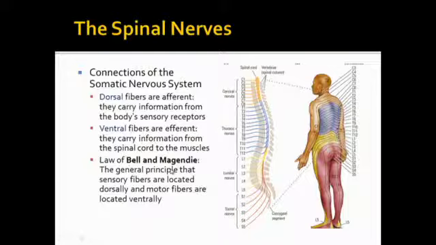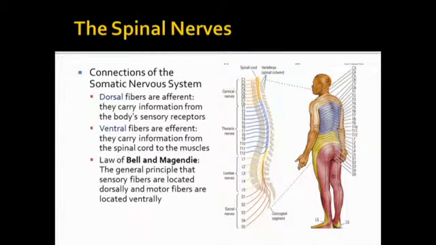What's fascinating is that back in the 20s or 30s, two scientists who actually hated each other were working down the hall from one another at a university, and they both came to the same conclusion around the same time: that the sensory fibers are located more dorsal and the motor fibers are located ventral.